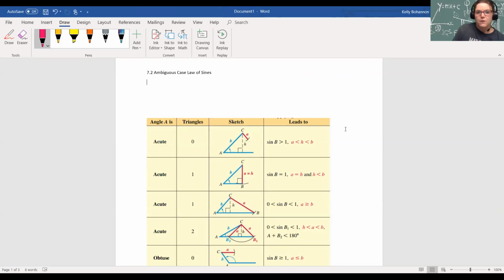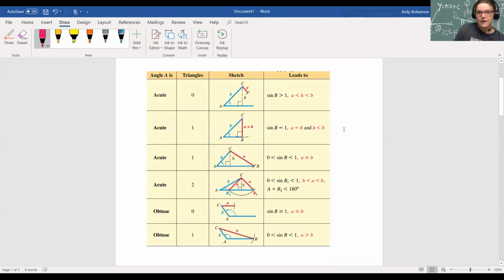This little chart is just to show you what the possibilities are. If you get a triangle set up and what you have been given is angle, side, side, so two sides and a non-included angle, then you're dealing with ambiguous case.